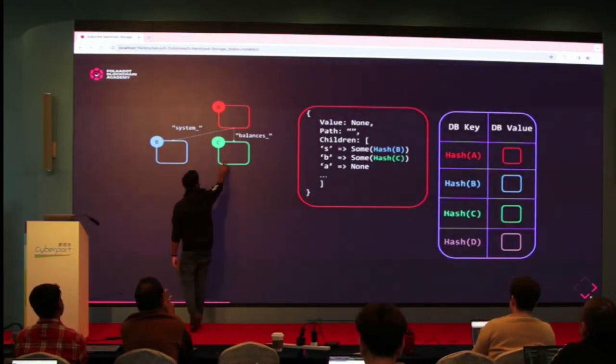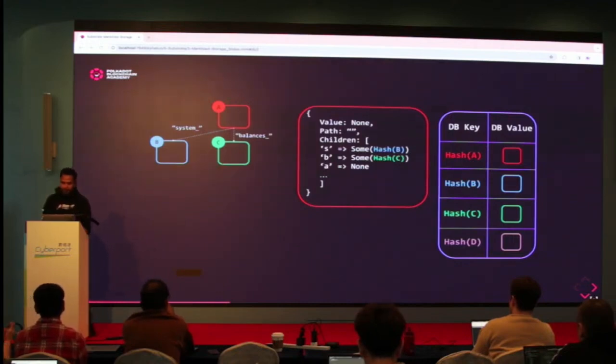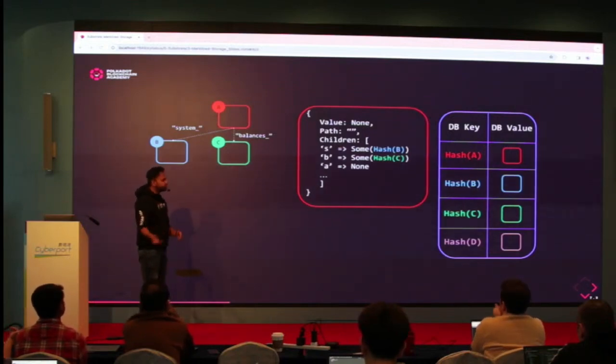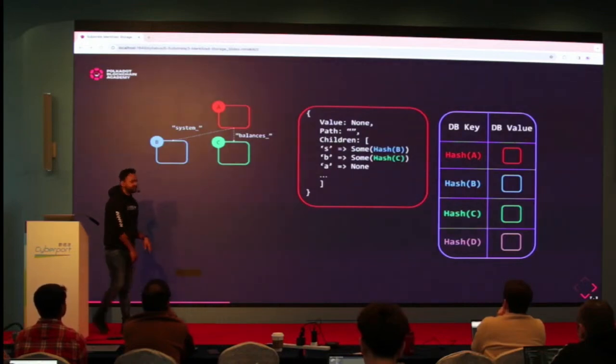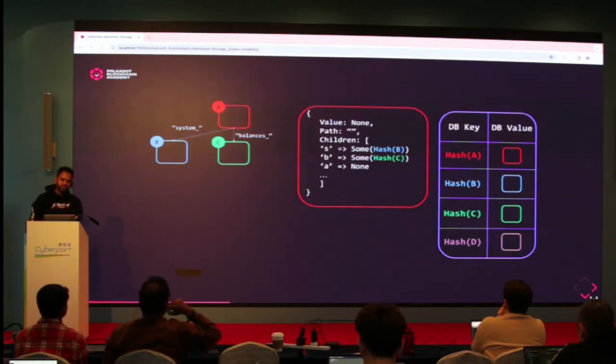So now I will decode this node. Why is A included? It might be there and it got deleted. Doesn't matter in this case, and it's also pseudocode. But in this case, A equal to none means it doesn't exist.